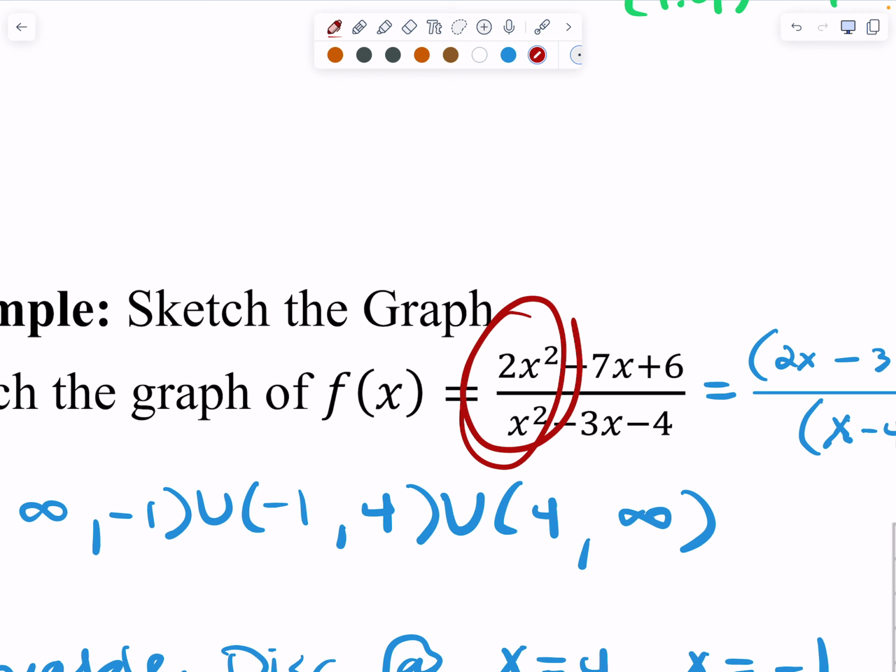So let's see. If we set f of x equal to 2, right? Because this is how you would identify a point of intersection. You're seeing, are there any x values where the y value for a rational function would be equal to 2, and therefore cross the line y equals 2.